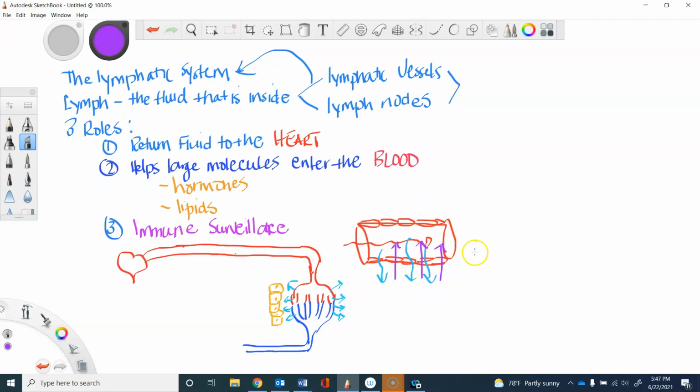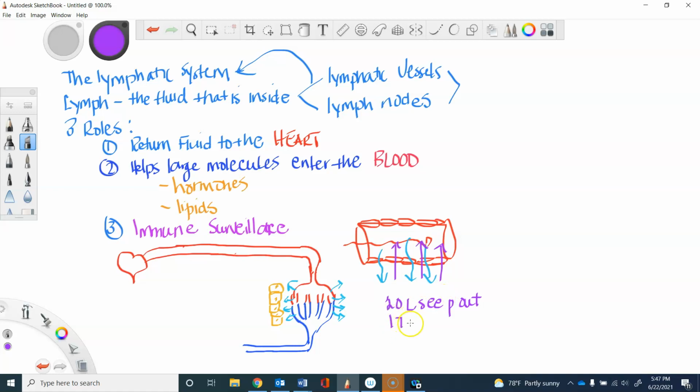About 20 liters basically seep out. In a 24-hour period, we lose about 20 liters of fluid.